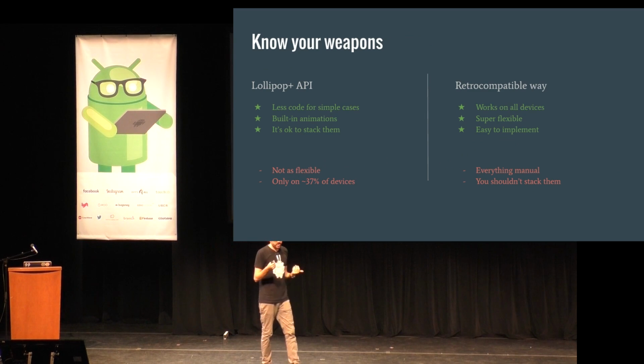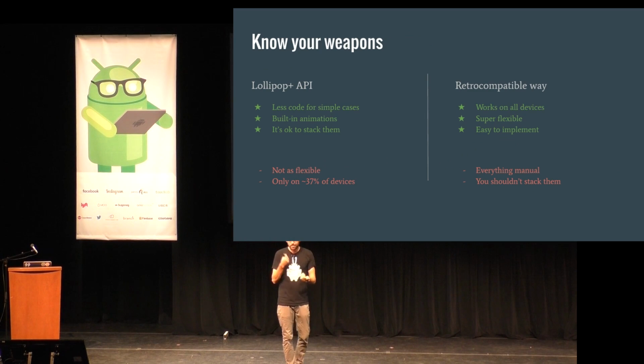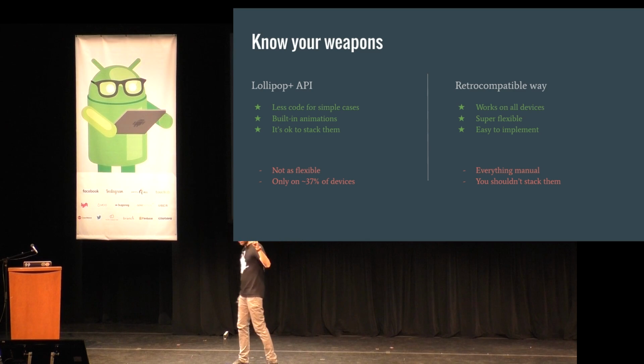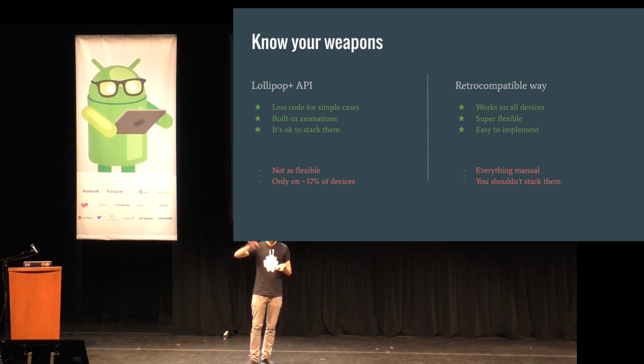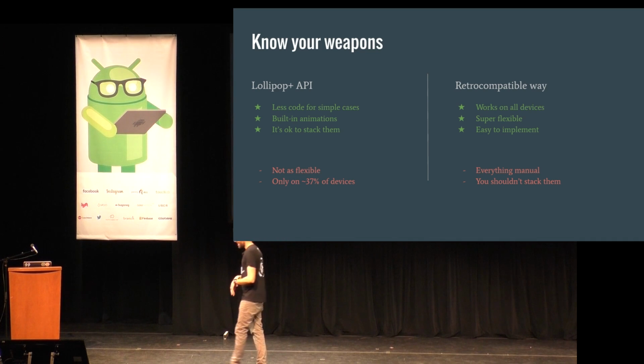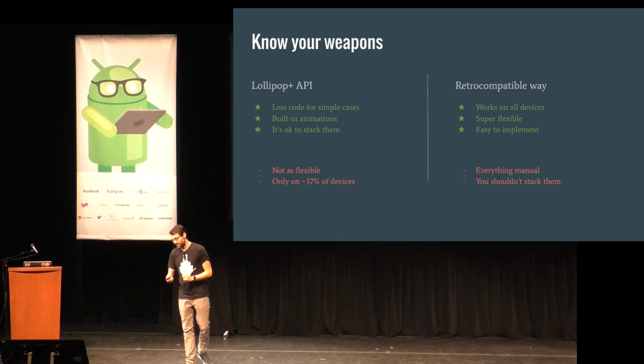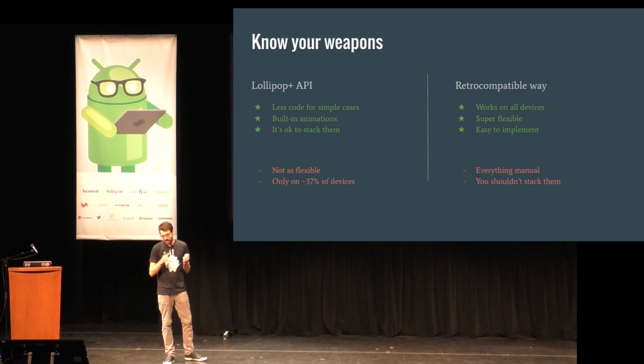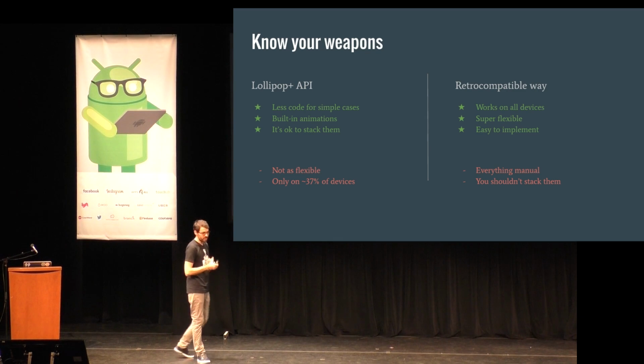So if you want to do these shared element transitions, add that personality to your app, make it stand out a little bit, two ways. If you're only targeting Lollipop and above, I would suggest just go with the Lollipop API. If you have the luxury, you're very lucky. Not all of us have this luxury, but the Lollipop API has some advantages. It's not much code.